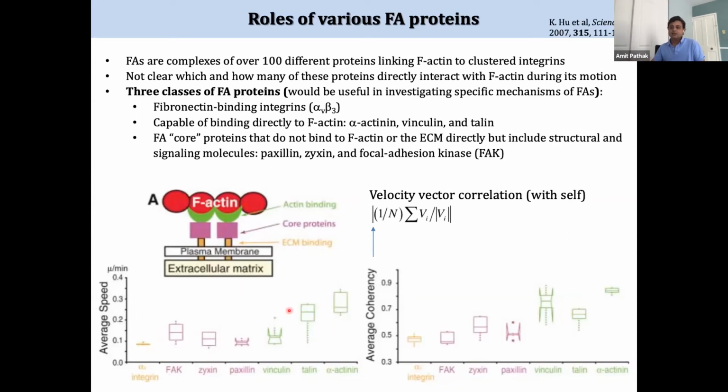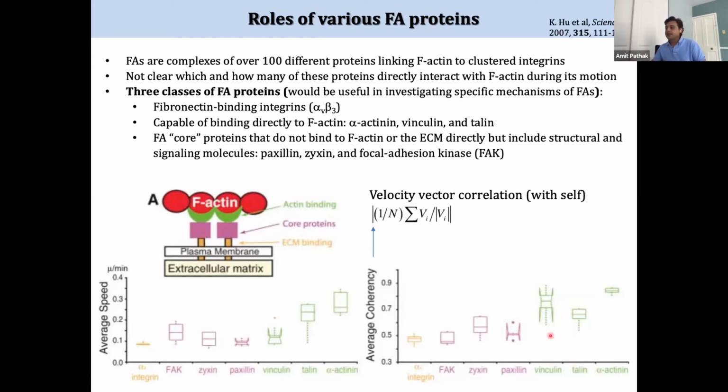So essentially, as you go further away from the ECM, the speed of these molecules goes up. That speaks to their stability as well. The actin binding proteins are perhaps being turned over more, and they're coming and going, but still stabilizing the bond.